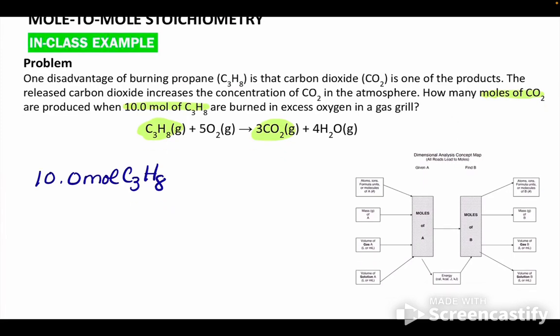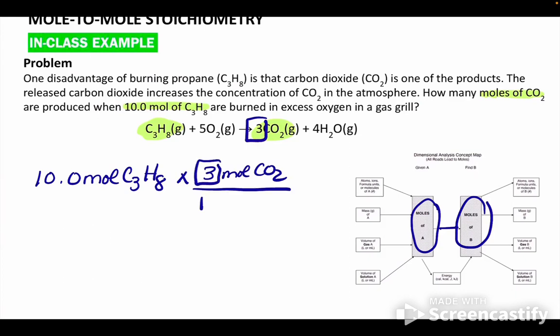So I'm really right here at moles, and I'm going to switch over and use my mole-mole ratio to moles of the other compound, which in this case is CO2. So I'm going to say 3 moles of CO2. I'm getting that 3 right there for every 1 mole of propane. So my answer then is 30 moles of CO2.